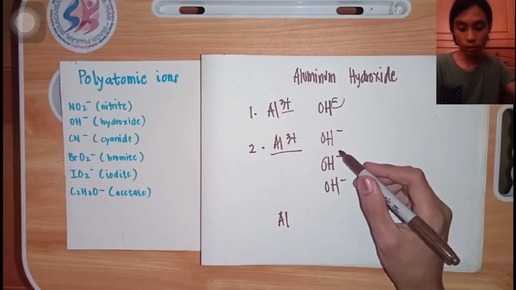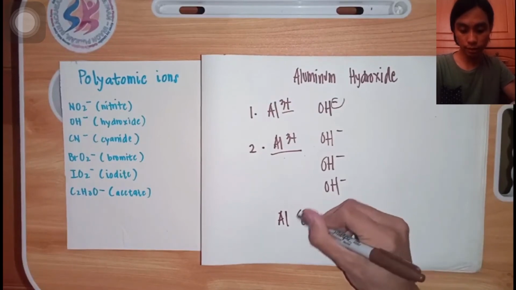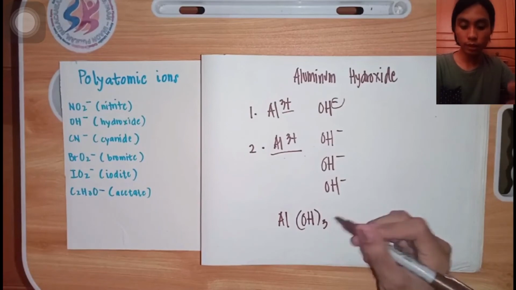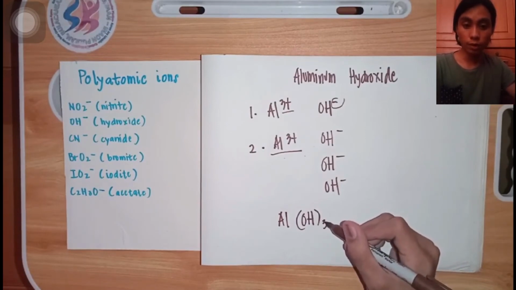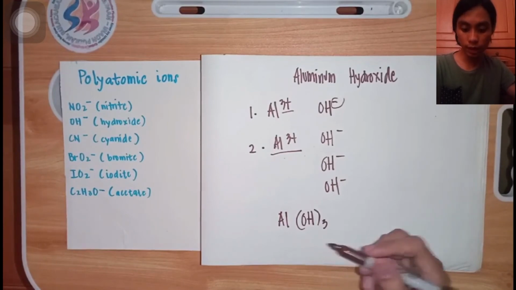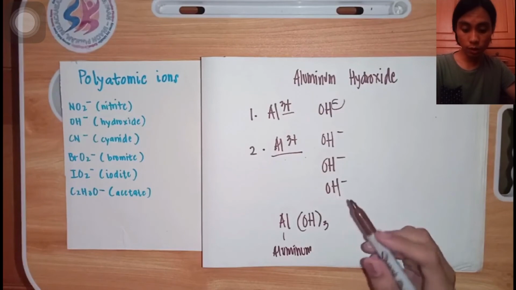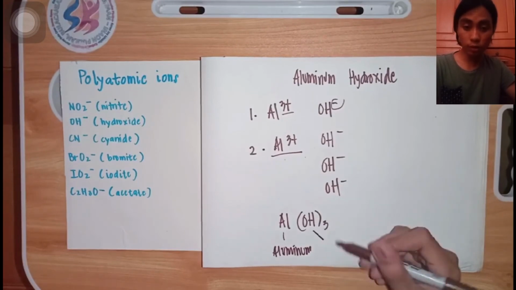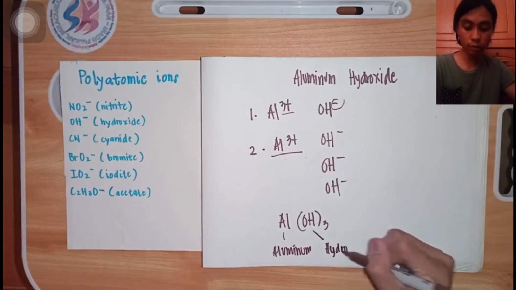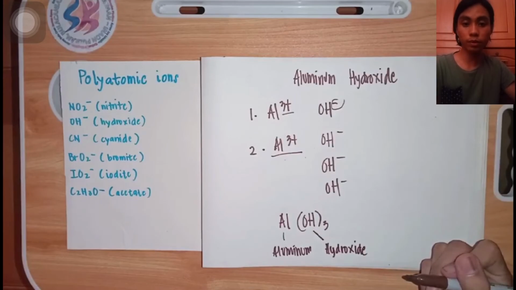So write OH and put parentheses and write 3. In naming this formula, all we need to do is find Al in the periodic table, which is aluminum, and OH in the polyatomic ion list, which is hydroxide. So naming and writing the formula is very simple.